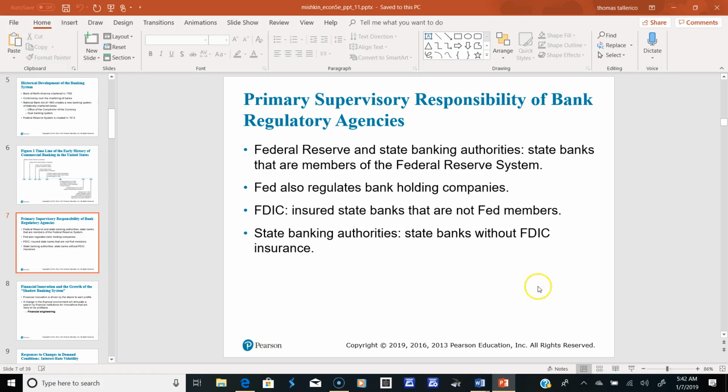All right, so the Federal Reserve and state banking authorities oversee banks, and bank holding companies are regulated by the Fed. So these are the regulatory agencies.